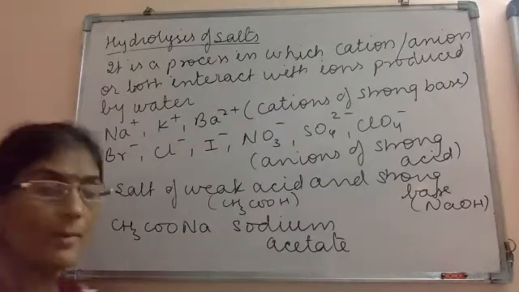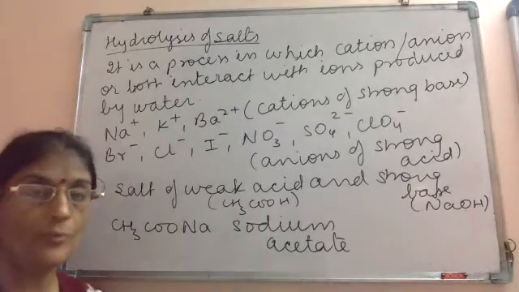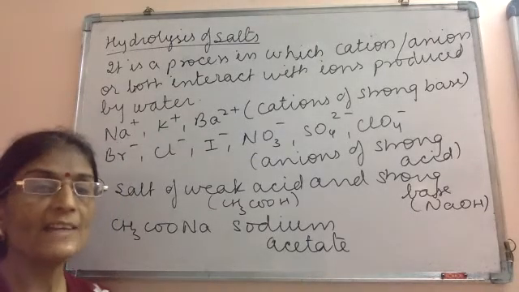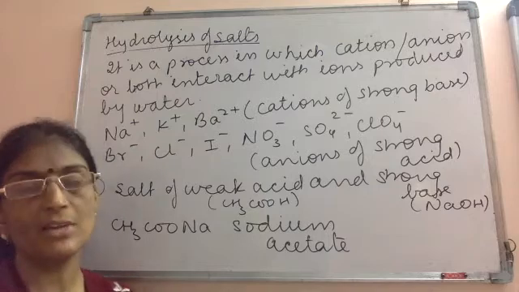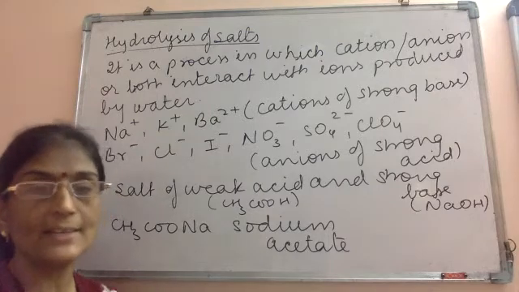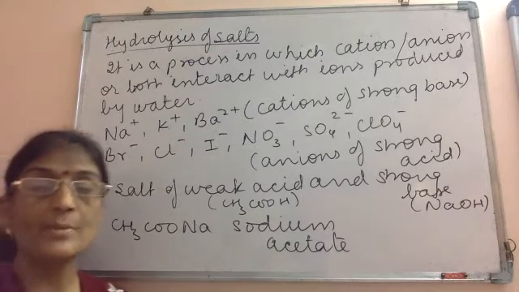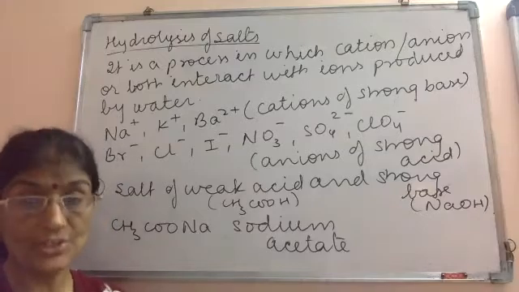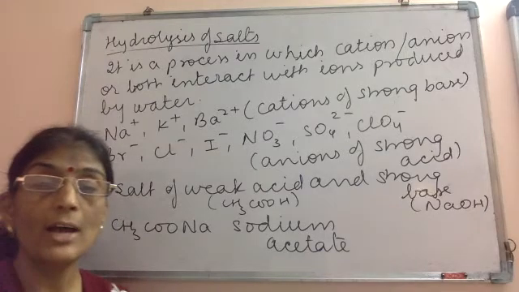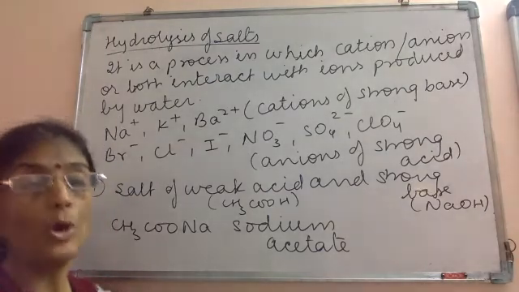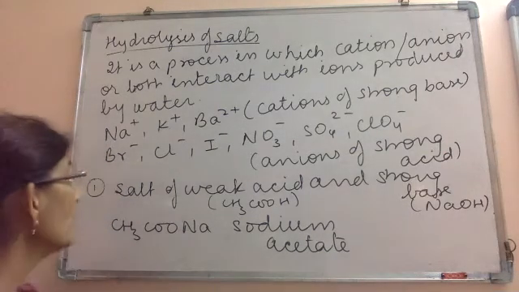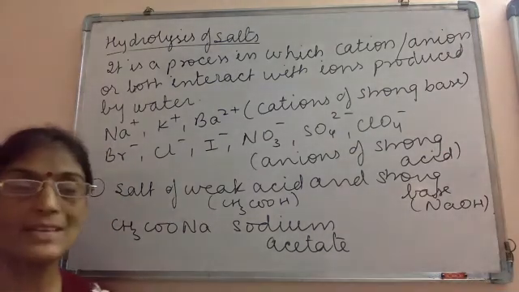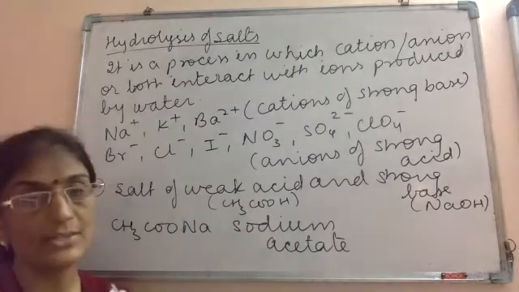So first we are talking about hydrolysis of salts of a weak acid and strong base. Not just one salt is formed; many salts are formed, since there are many weak acids. Formic acid is a weak acid. Strong bases will be NaOH, KOH. They all are strong bases. So we are talking about all the salts made up of weak acid and strong base, but we took one example, CH3COONa, sodium acetate.